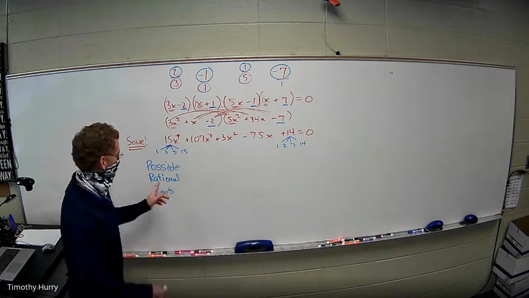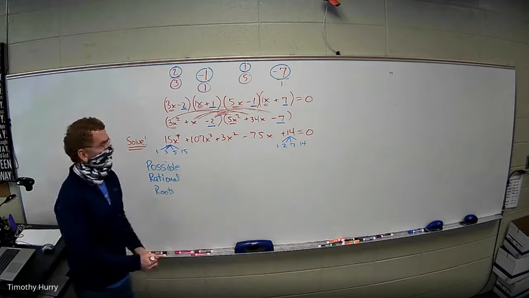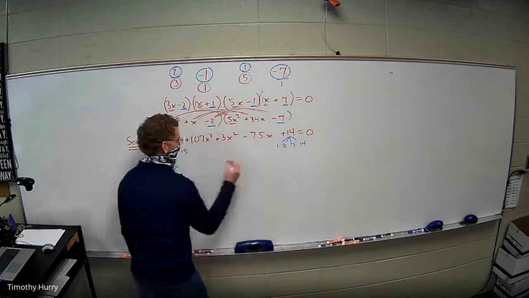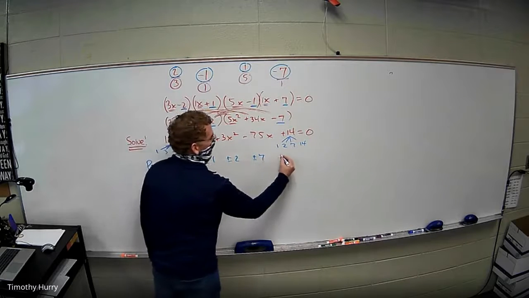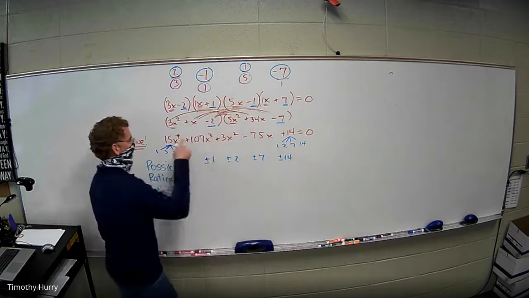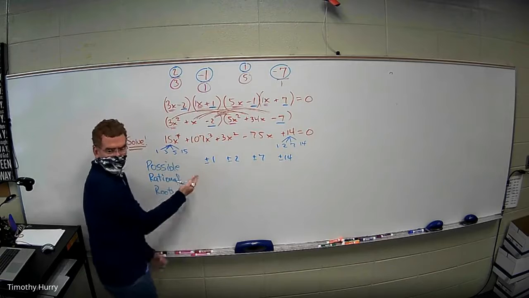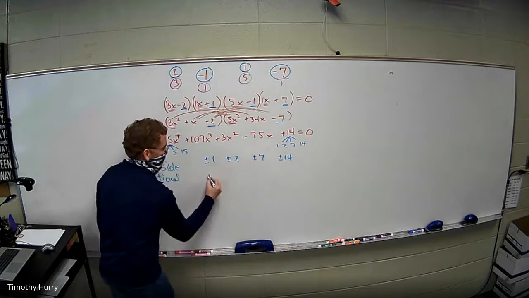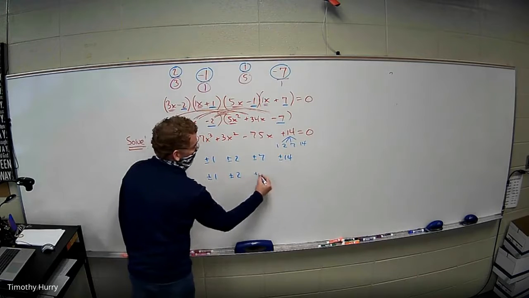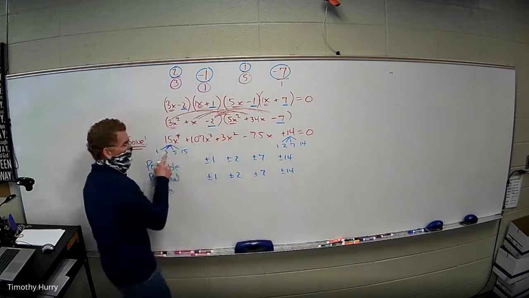So what could possibly work as a root is going to be the factors of that, plus or minus 1, plus or minus 2, plus or minus 7, plus or minus 14, over a 1. And I don't really have to put them over 1 because they're already understood to be over 1, right? And then the factors of those, plus or minus 1, 2, 7, 14 over 3.